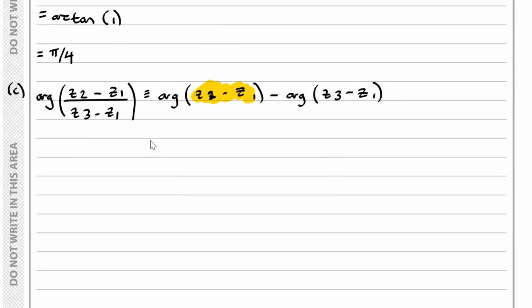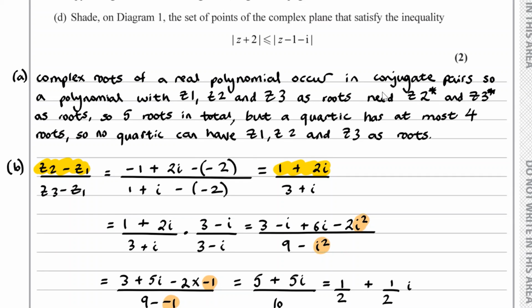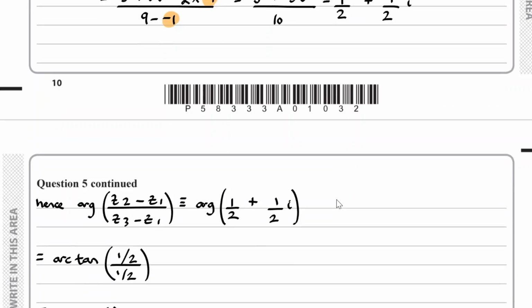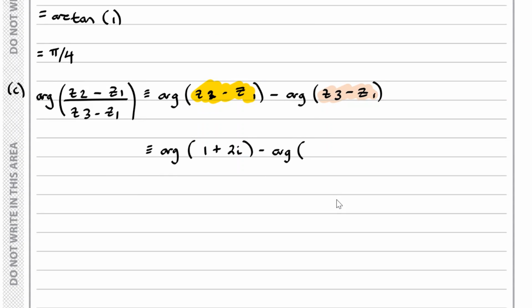So we have the argument of 1 plus 2i, and then this bit over here, we've already found out what that was before. That was 3 plus i. So we have 3 plus i. Okay, maybe if we shade those in, might make it a bit clearer for us.